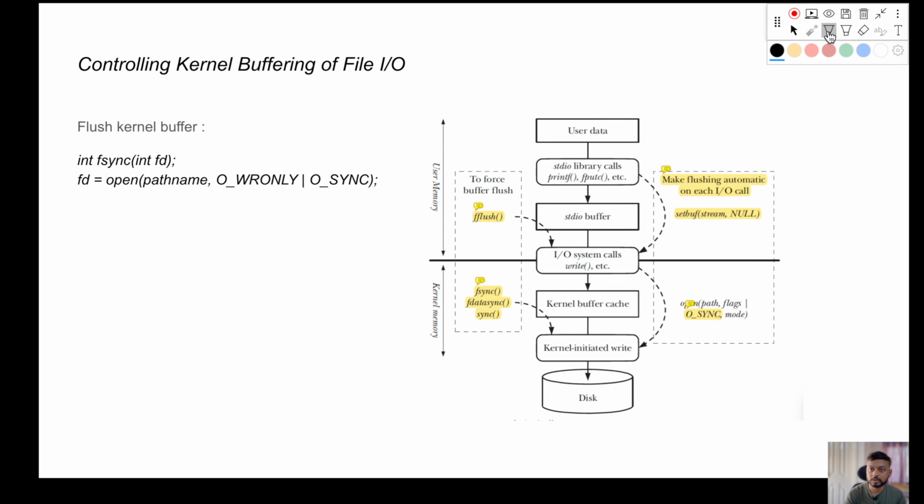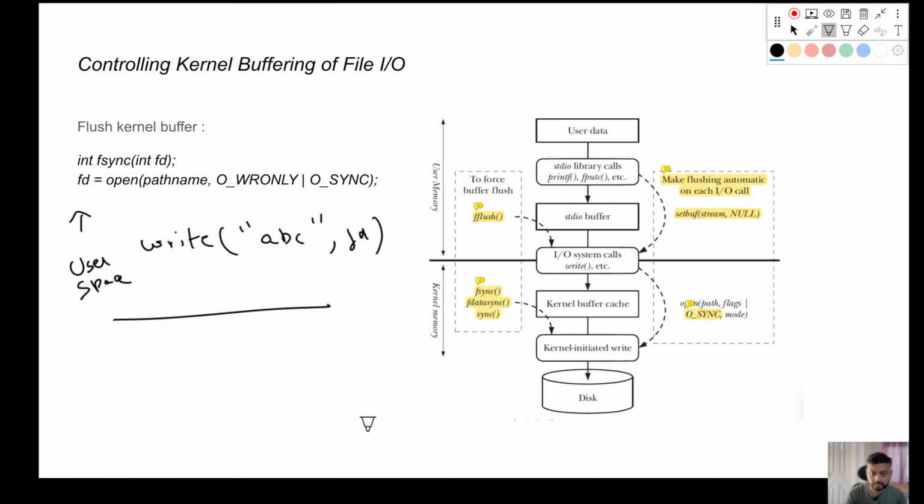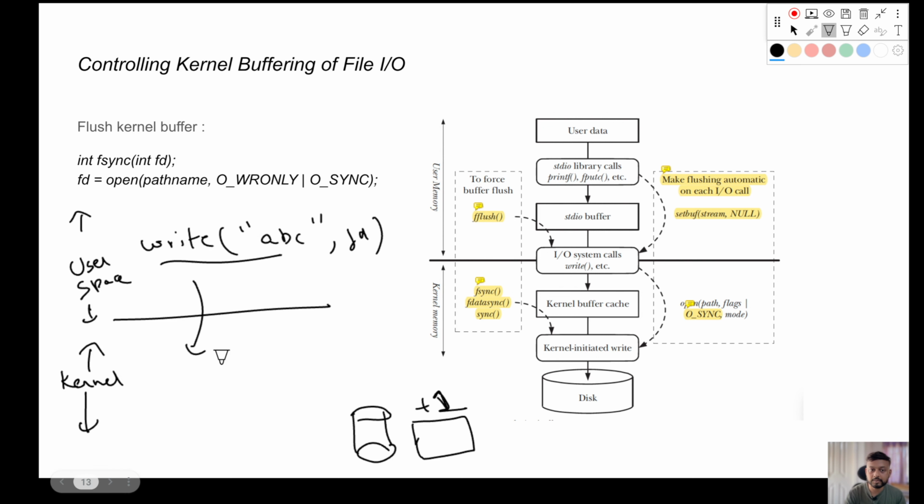Let me also talk about an important scenario where, for example, I have invoked a write on a file from user space. This file actually resides on the disk. Let's call this file T1. This write immediately enqueues the data into the kernel buffer and returns back.